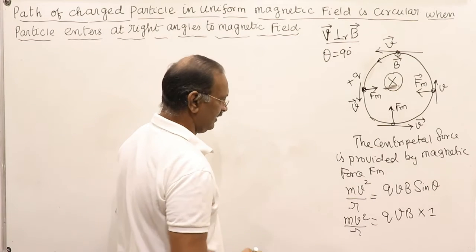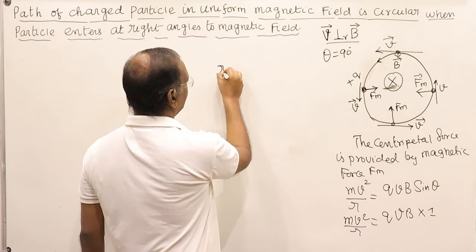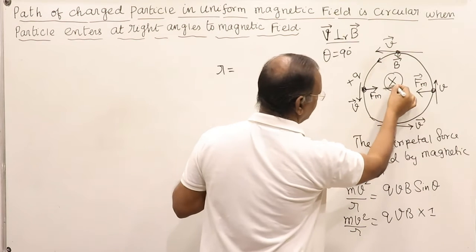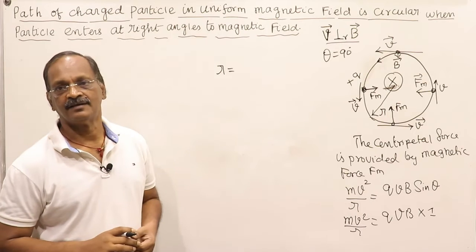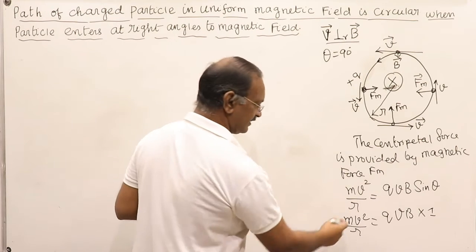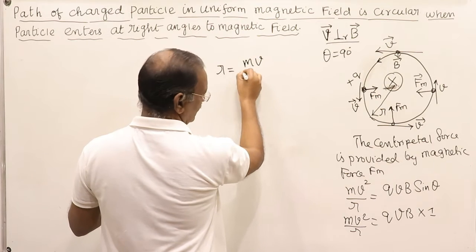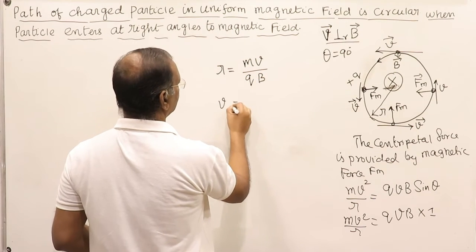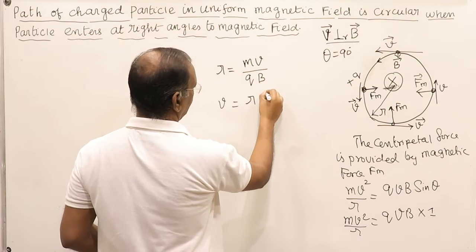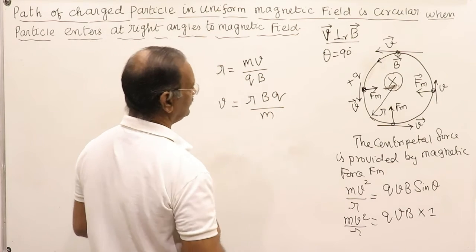With this we can calculate the radius of this circular path, where this is r. From this expression, r is equal to mv by qB, and velocity is equal to rBq by m.